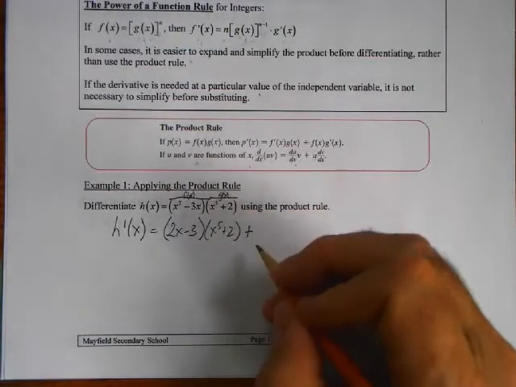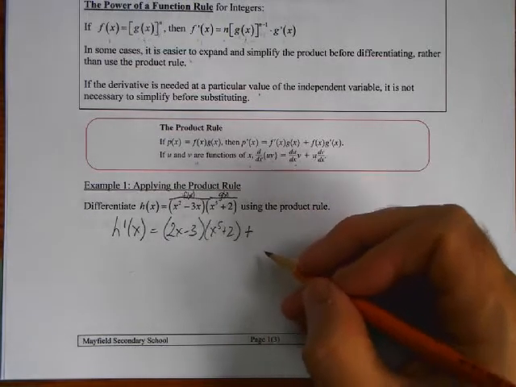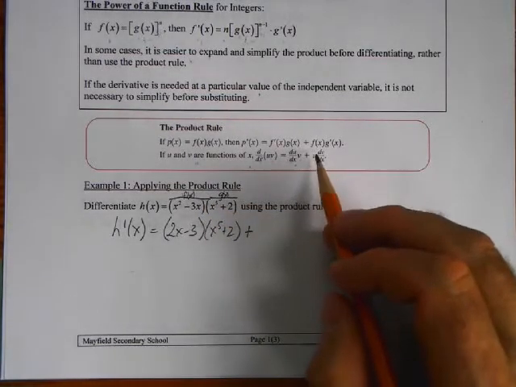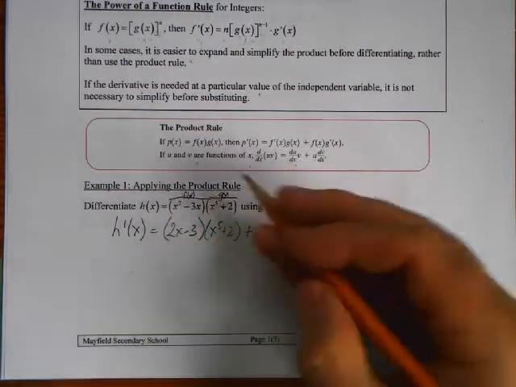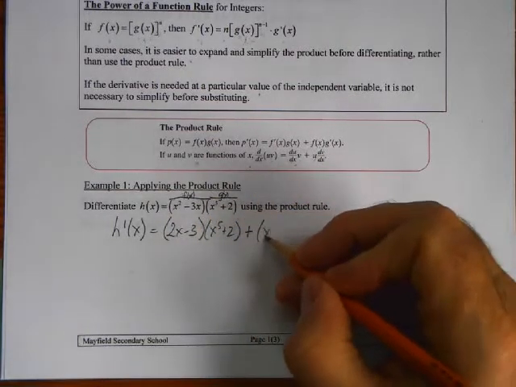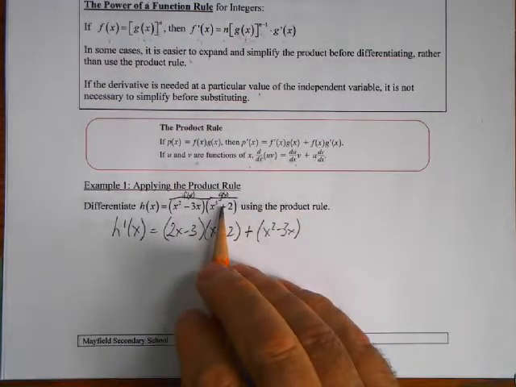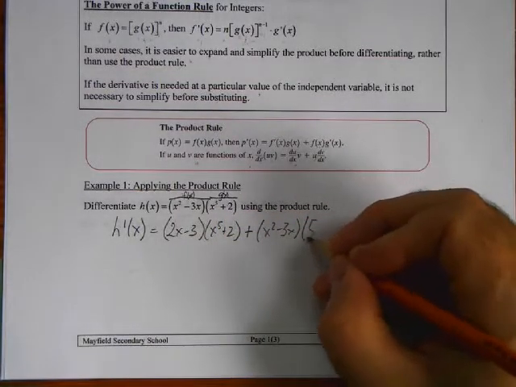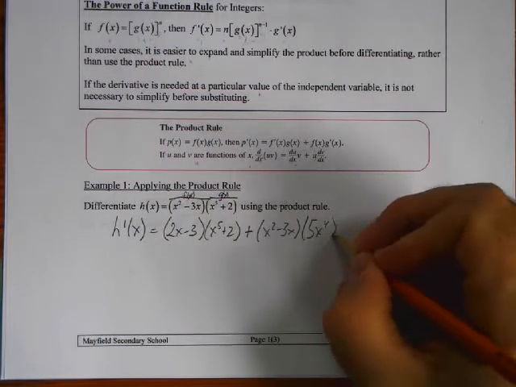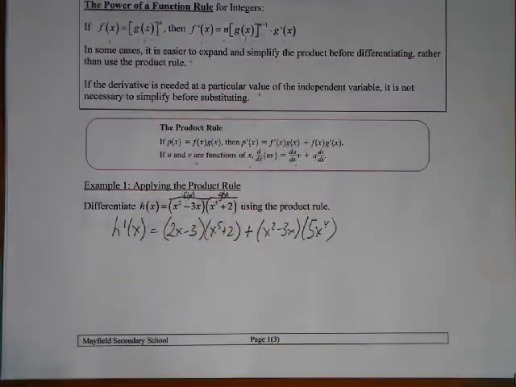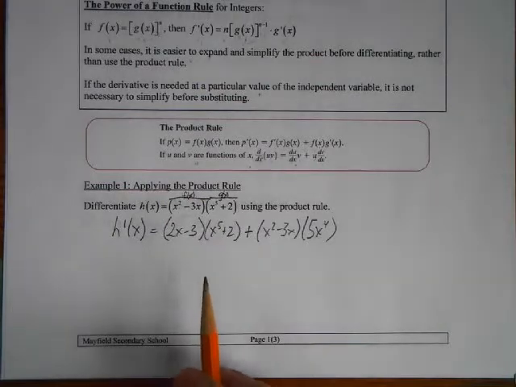And then we add the product of f, so that's x squared minus 3x times the derivative of g of x, so that's 5x to the 4th. Okay, I'm not going to spend a lot of time on these derivatives, you should know those.